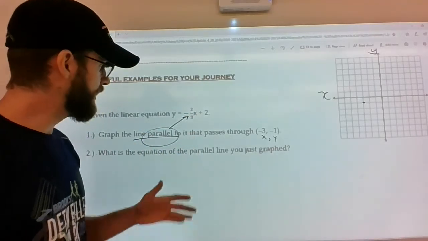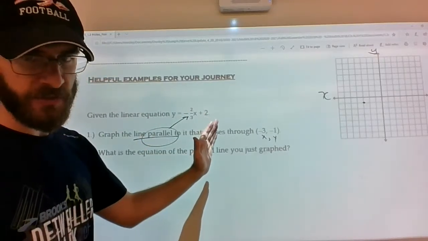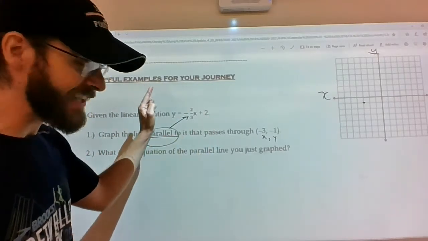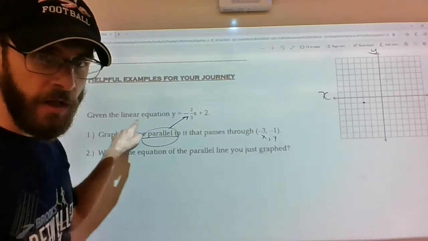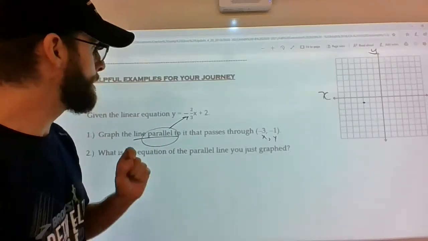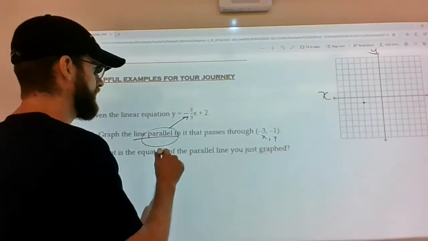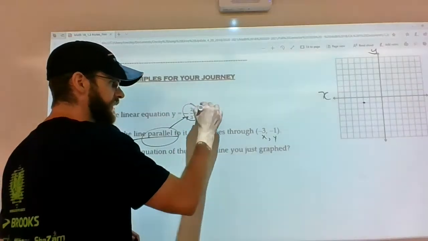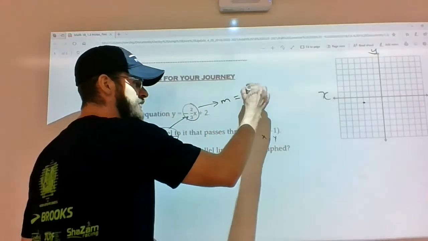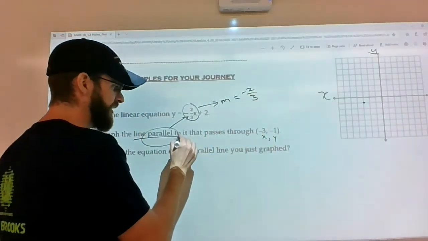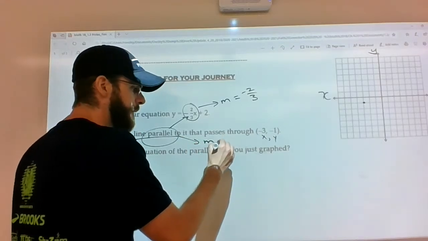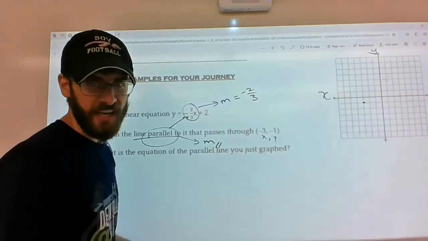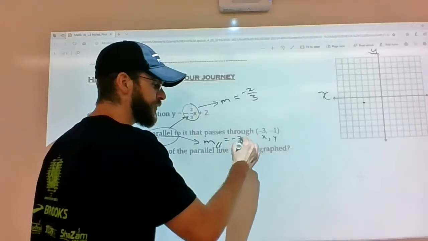It's parallel to y equals negative 2/3 x plus 2, which means it has a slope equivalent to that. The slope here, if m equals negative 2/3, then m parallel, I guess I could use that notation, is also negative 2/3.